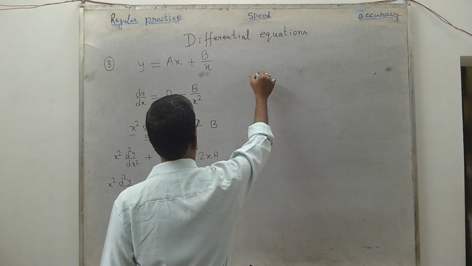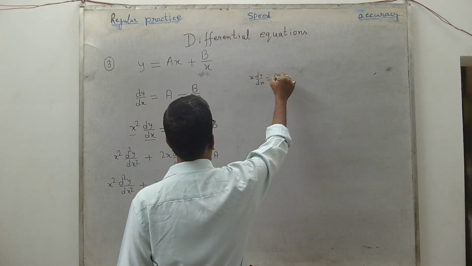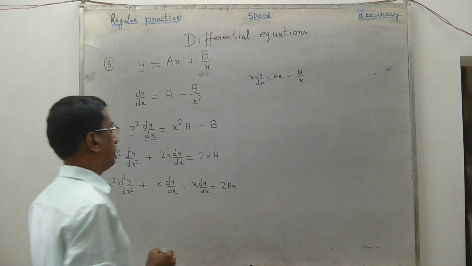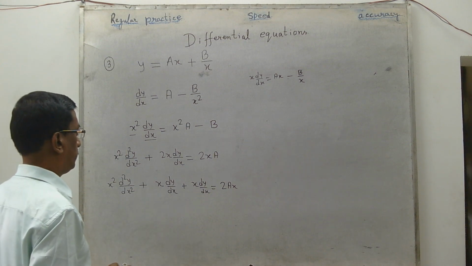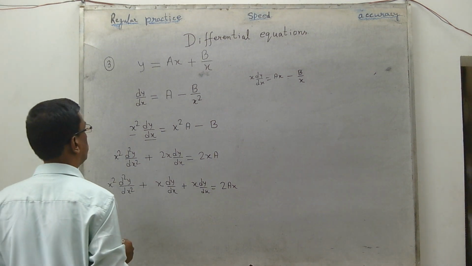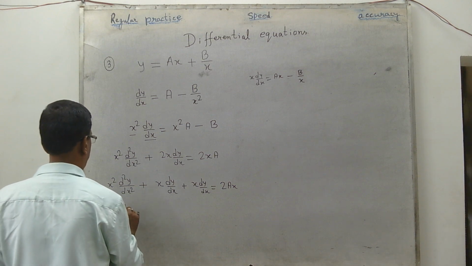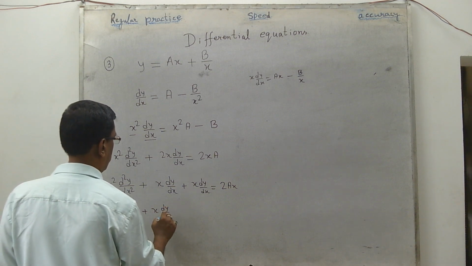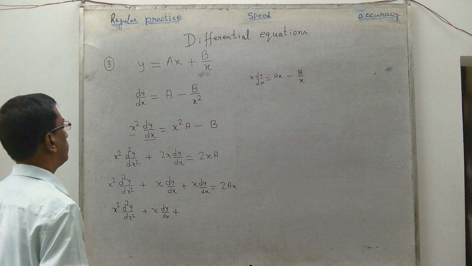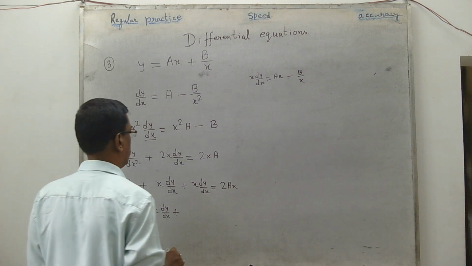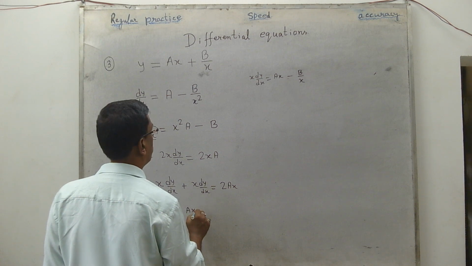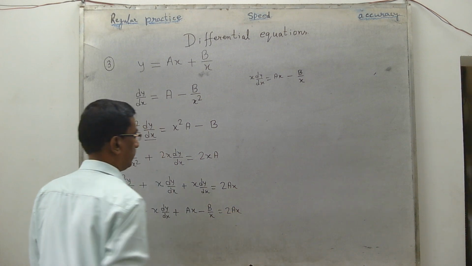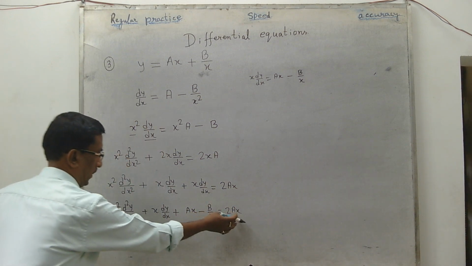This I can write x dy by dx equals ax minus b by x. Transfer this one to this side.